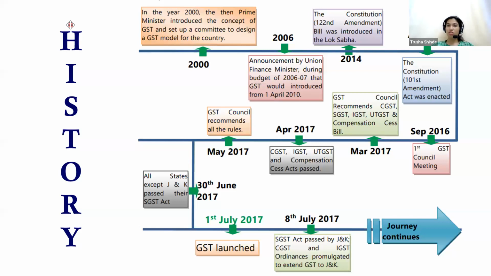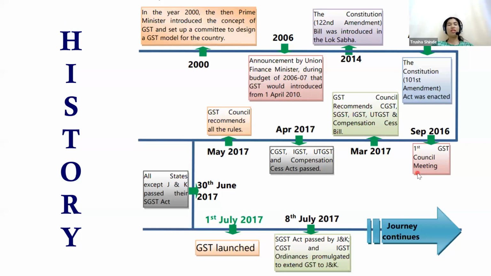This was discussed during the budget, and later it couldn't happen in 2010, but in 2014 the amendment regarding this bill was introduced in the Lok Sabha. Again, in 2016, the 101st amendment was enacted in the constitution. Then you can see the chart here.